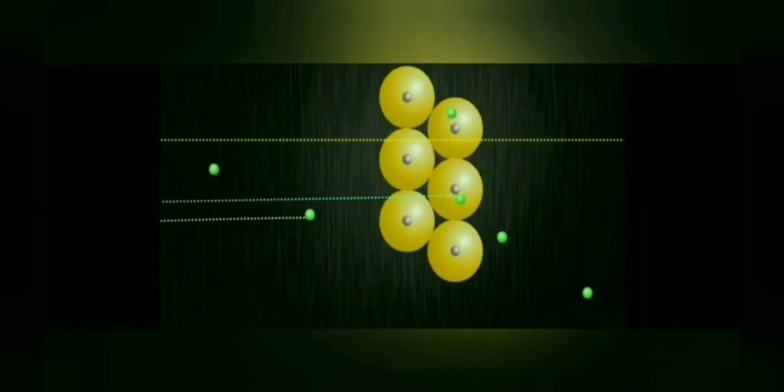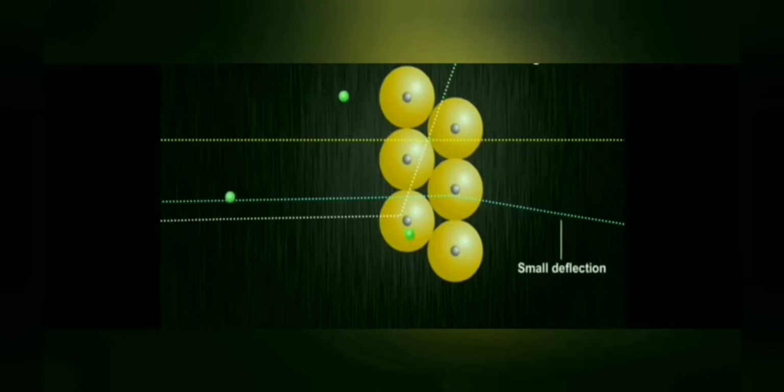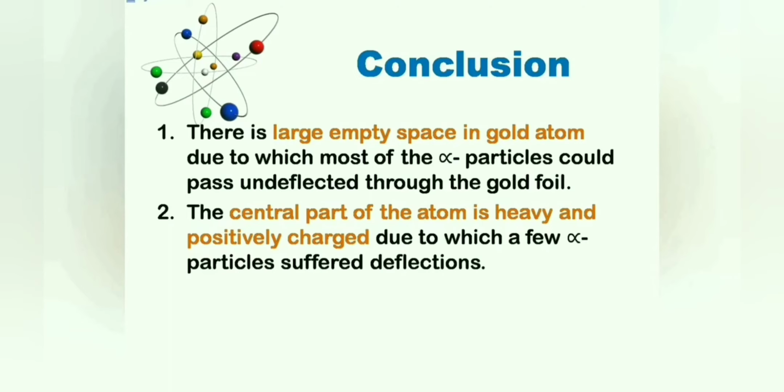Now here you can observe that a particle passing very near the nucleus shows a small deflection. This is because like positive charges repel each other. So the central part of the atom is heavy and positively charged, due to which a very few alpha particles suffered deflections, as like charges repel each other.